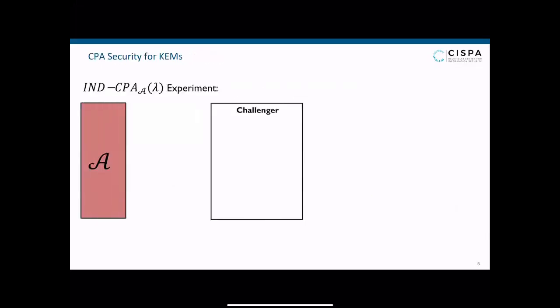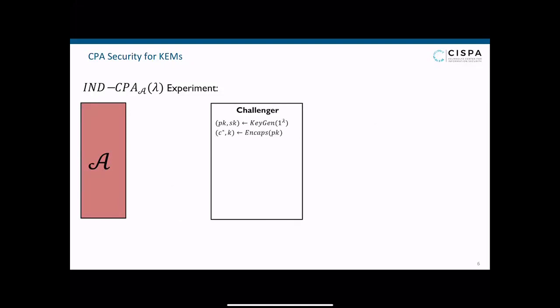Okay, CPA security is now defined slightly differently, because of course there are no messages involved. The adversary doesn't get to choose messages, which makes things again even simpler.